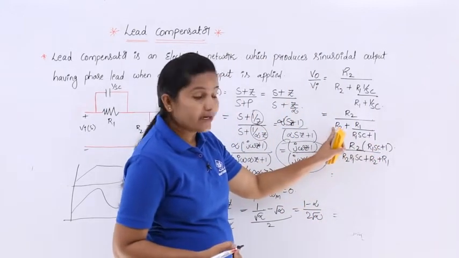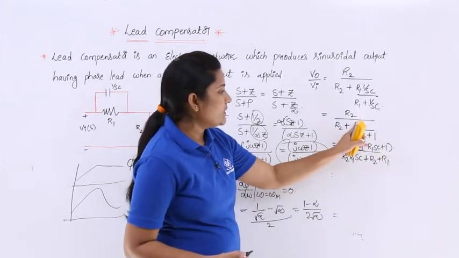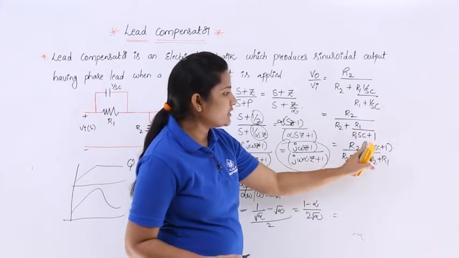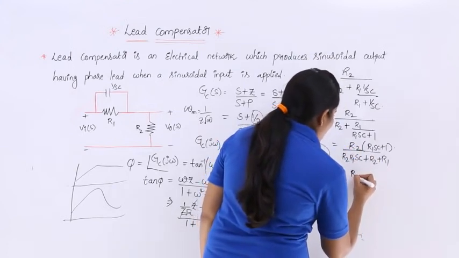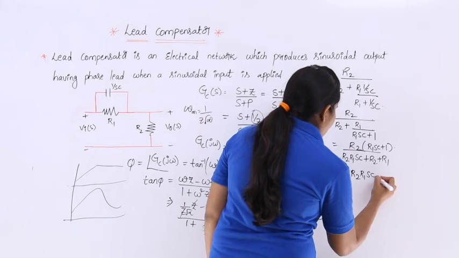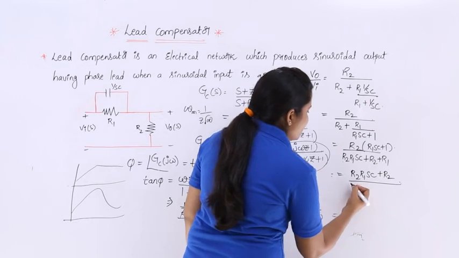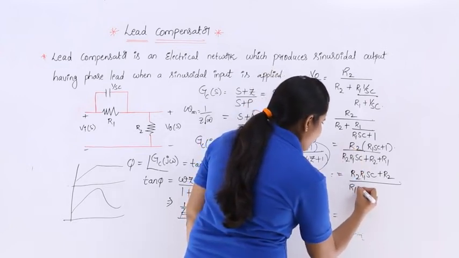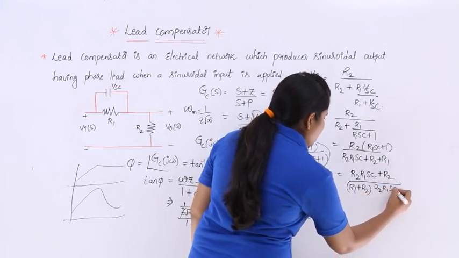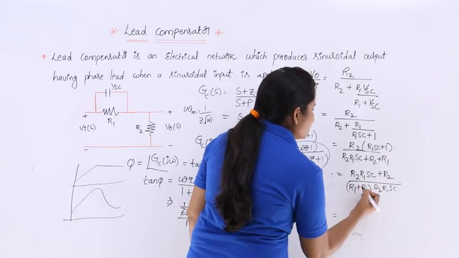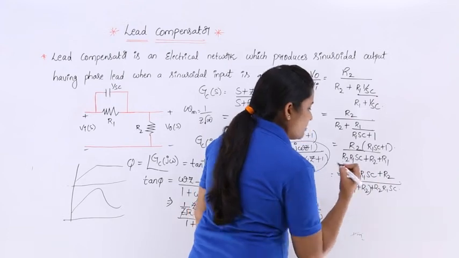I cross multiplied, and the total goes to the numerator. This is equivalent to R2 R1 SC plus R2 divided by R1 plus R2 and R2 R1 SC. Here I am taking R1 plus R2 as common.